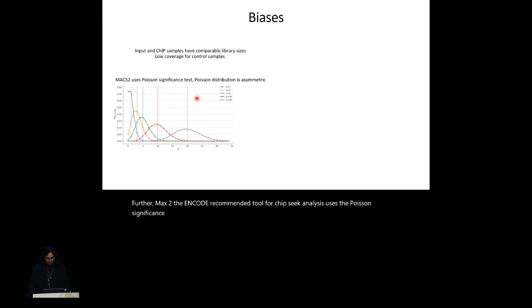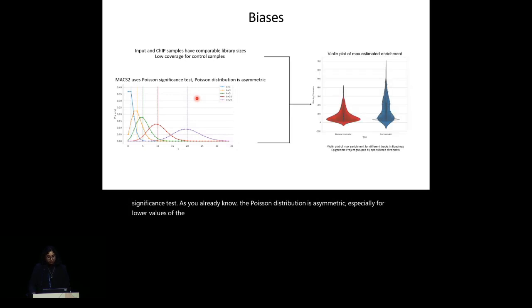As you already know, the Poisson distribution is asymmetric, especially for lower values of the mean. These two factors taken together result in histone modifications associated with closed chromatin having a lower maximum enrichment on average compared to those histone modifications associated with open chromatin.